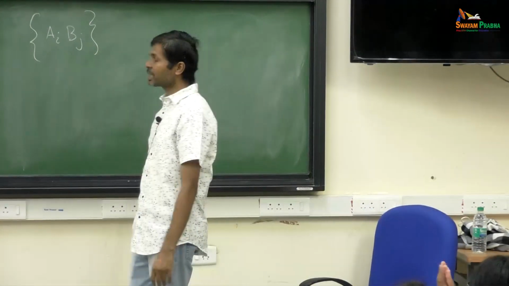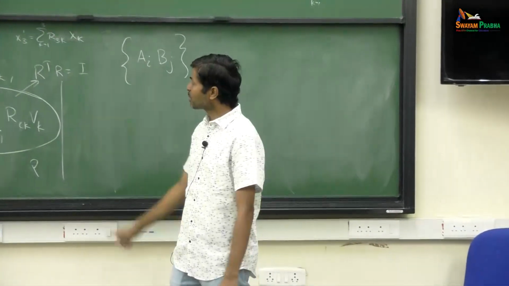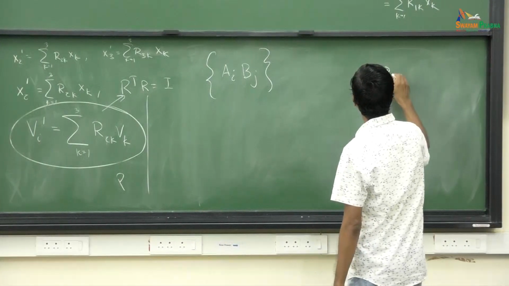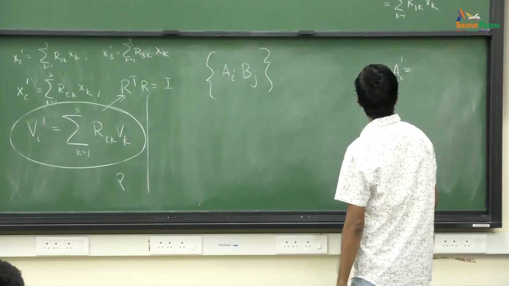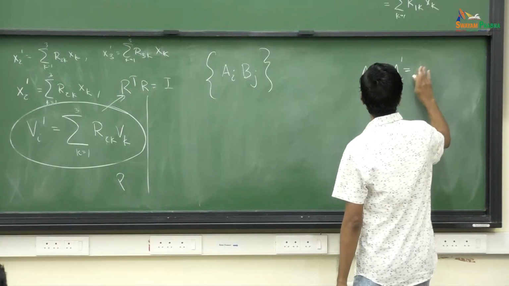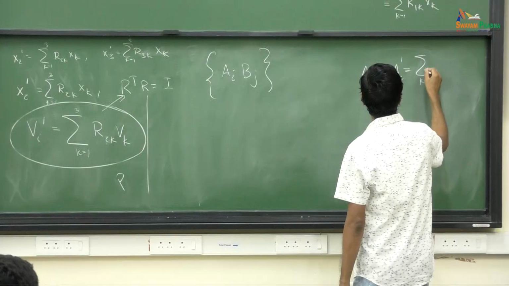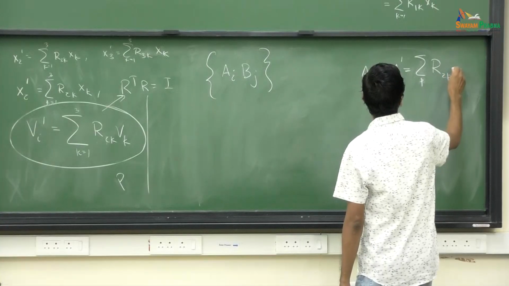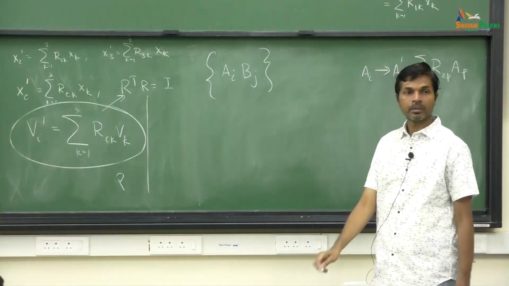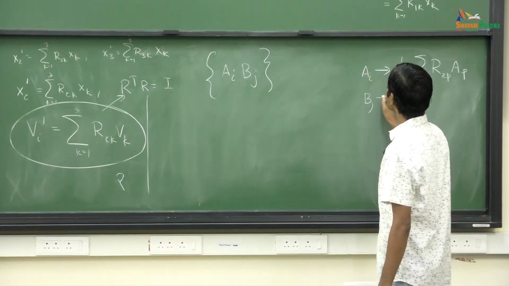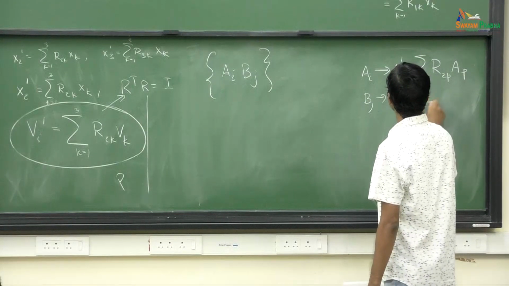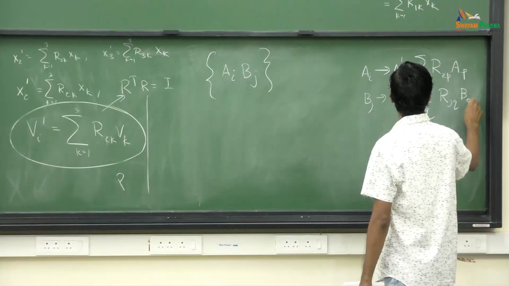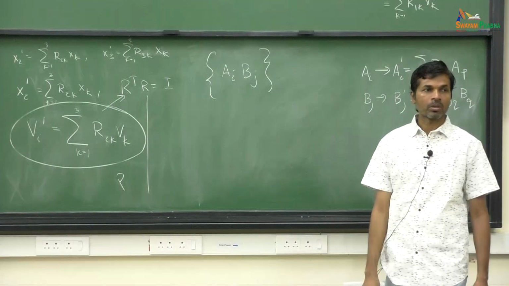So how do these quantities transform? They do not transform this way, because Ai goes to Ai prime, which is the sum over P of R_ip Ap. Bj goes to Bj prime, which is the sum over Q of R_jq Bq.